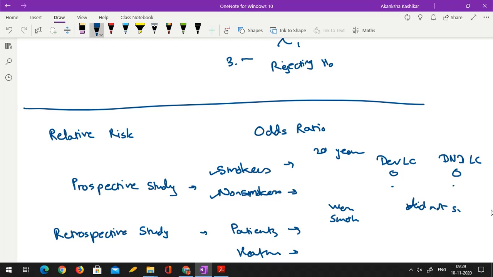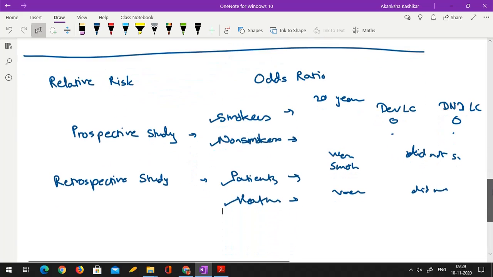Similarly, in healthy people, we would record how many were smokers in the past and how many did not smoke. So here, the number of patients and healthy people is fixed and the number of smokers or non-smokers is varying. Okay, so it is important that you know whether you are doing a retrospective or a prospective study.